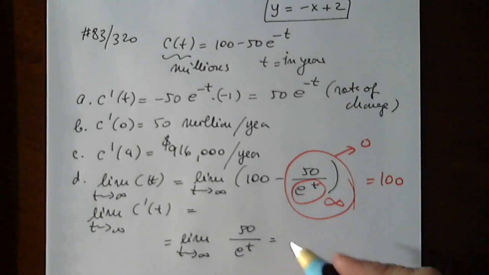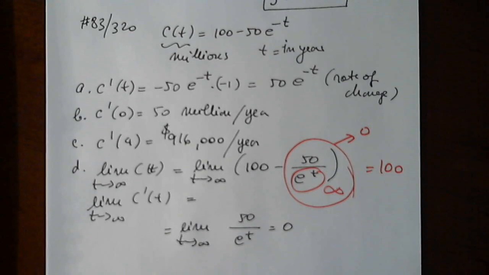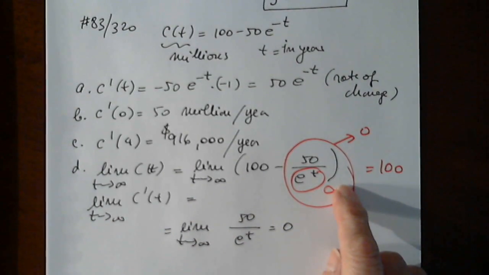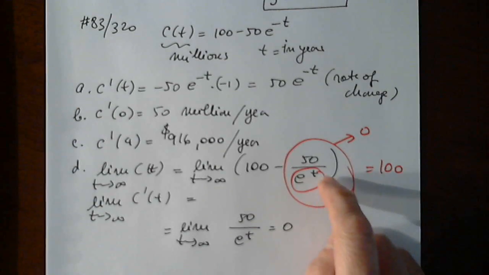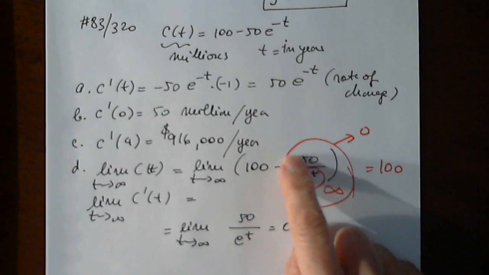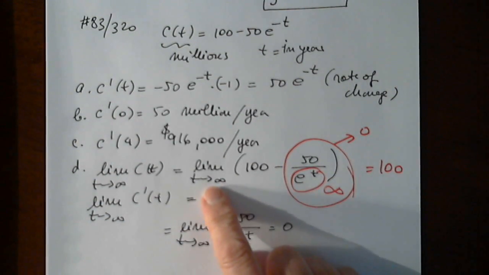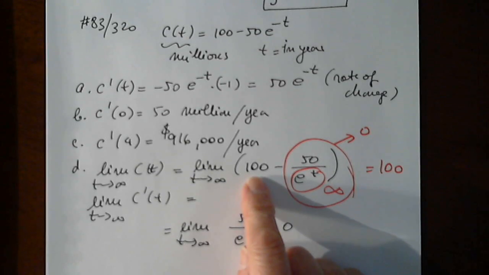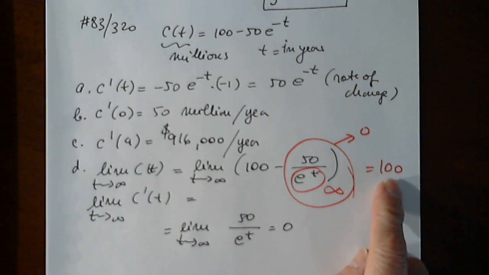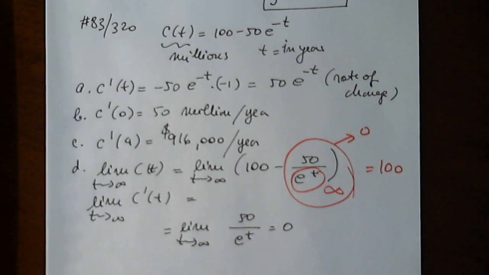Well, this is obviously 0. Now the question is asking, why do you think the company costs tend to level off as time passes? The reason is that this quantity approaches 0 as time passes, so the costs will level off to 100, to the nearest 100,000 in millions of dollars. So 100 million.